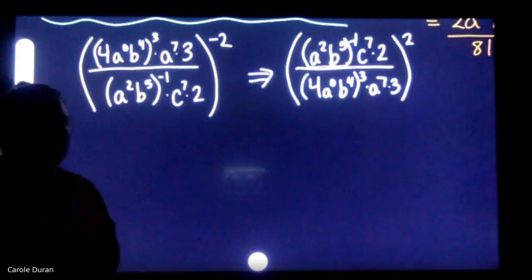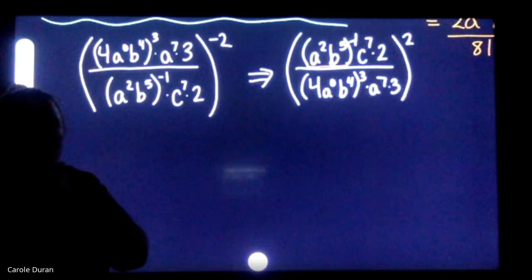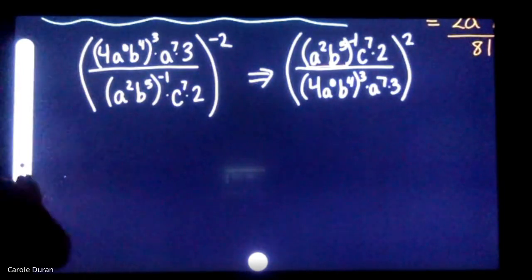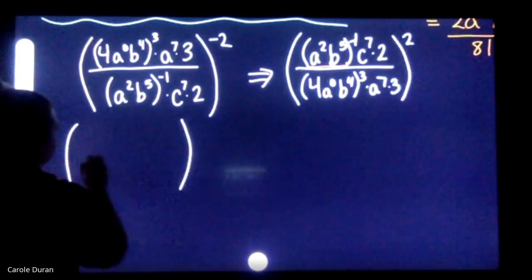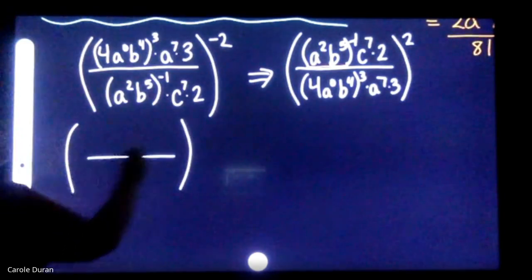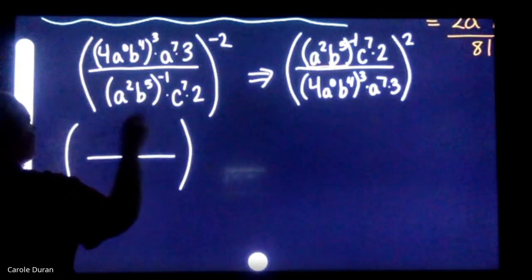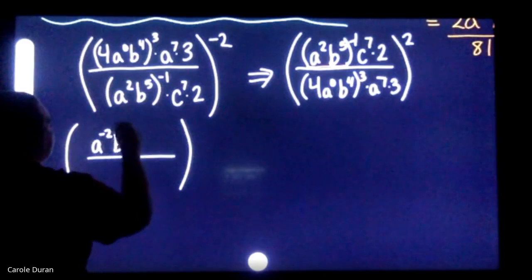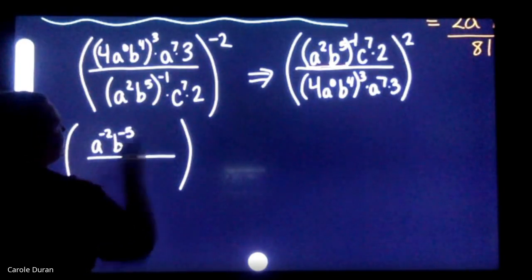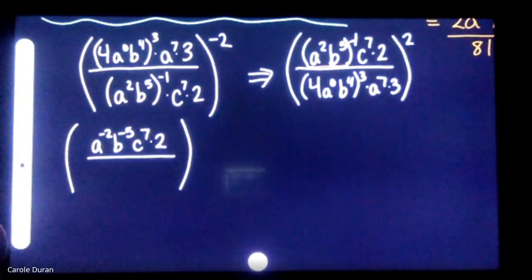So I first need to distribute the -1 to each of those values inside the parentheses. Okay, so here's my big parentheses, my fraction bar. When I raise an exponent to an exponent, we multiply them together. So that now becomes a to the -2, b to the -5, and then the c^7 and the 2 stay the same.